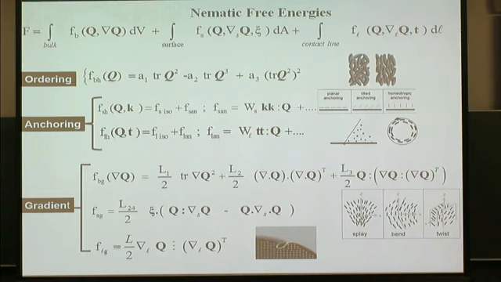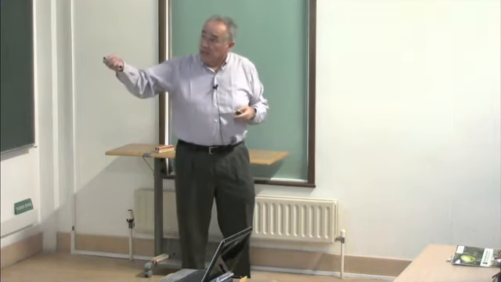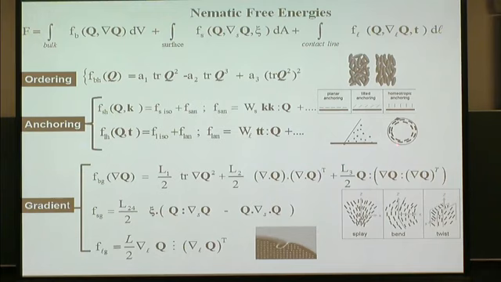For example, in this configuration, you prefer the rod-rod interaction. In this configuration, there are entropic components, but you prefer the rod-substrate interaction. Likewise, at the contact line, many times you have azimuthal orientation.